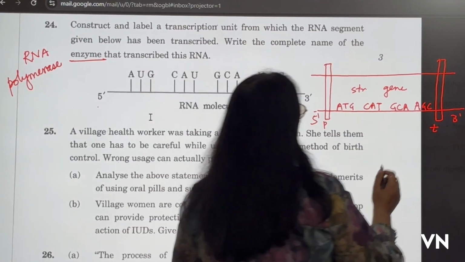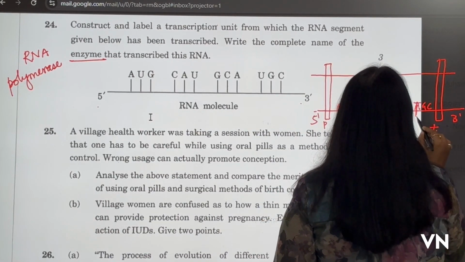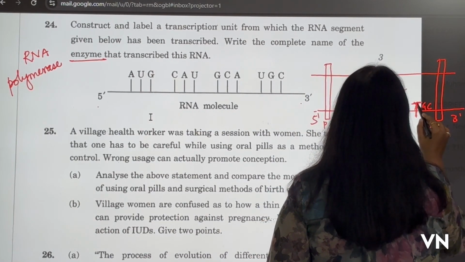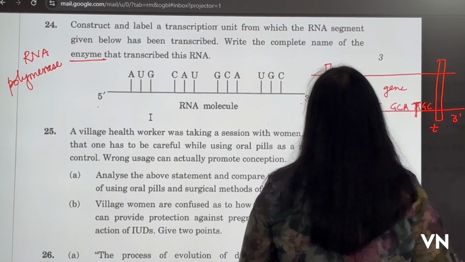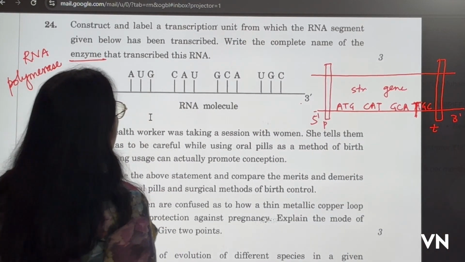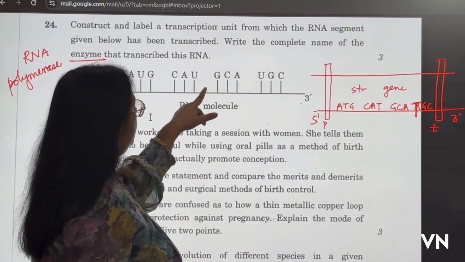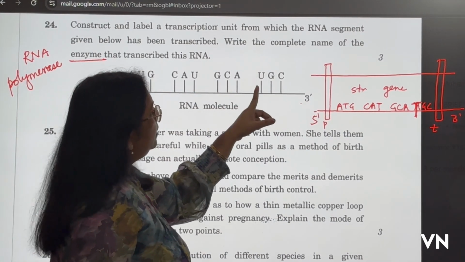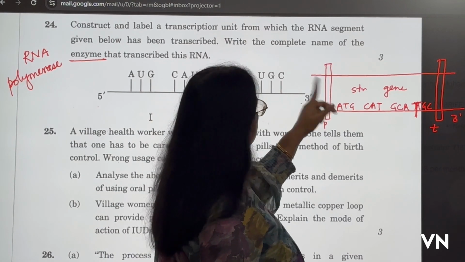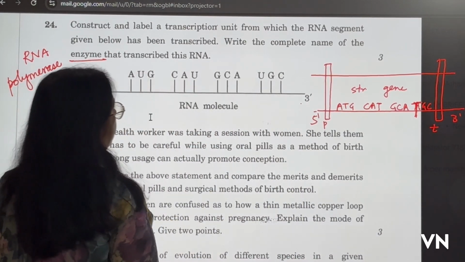So AUG, that is ATG, CAU, CAT, GCA, GCA, UGC, that is TGC.